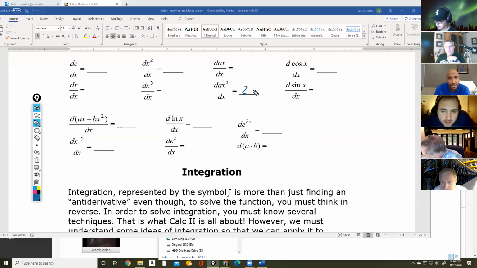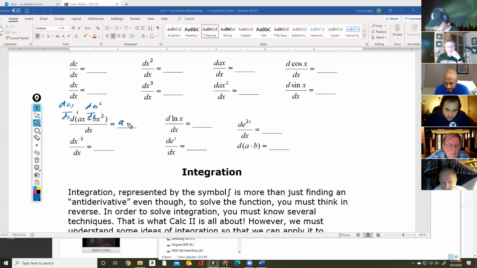The answer is 2ax, because the a comes from, and then the derivative of x squared is 2x. Now this one, because you have this, you can break it down into the derivative of ax dx plus the derivative of bx squared dx. So this becomes a plus 2bx.